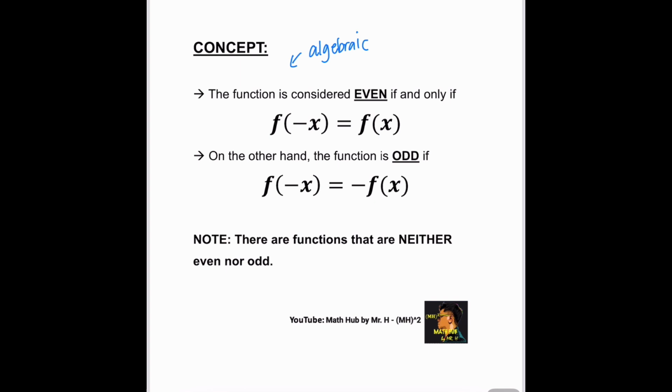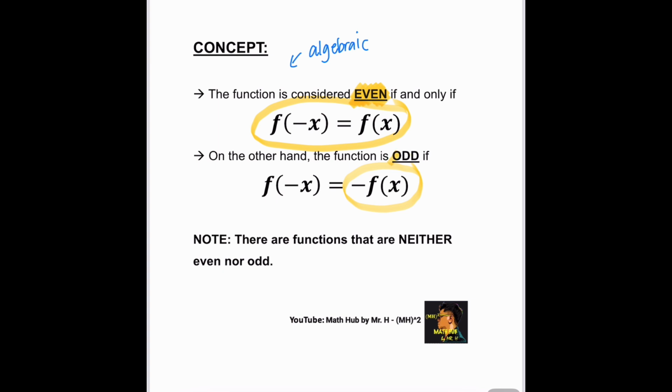And if it happens that f of negative x is equal to f of x, or say the original given function, definitely the function will be even. On the other hand, the function will be considered odd if, after replacing all the x variables by negative x, all the signs from the original function were turned to its opposite.